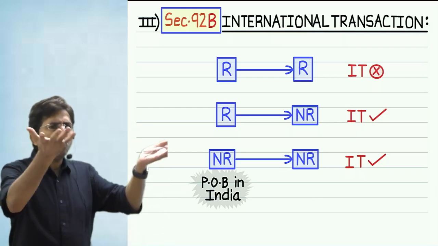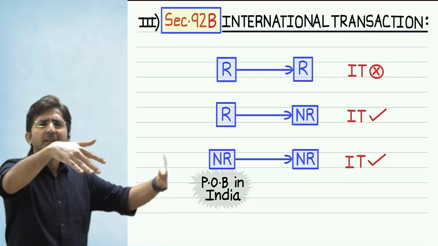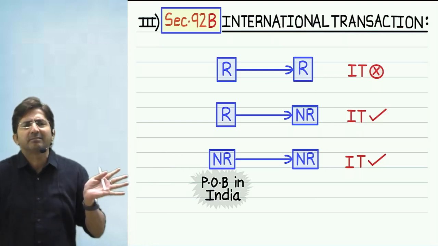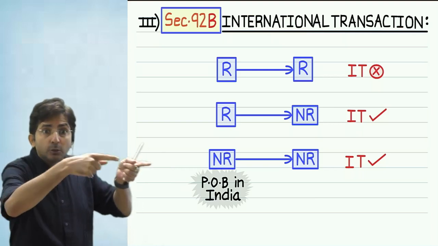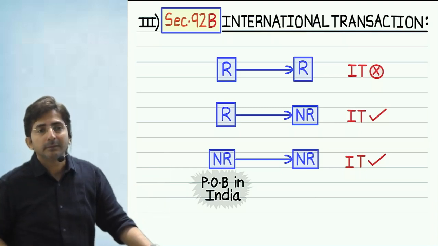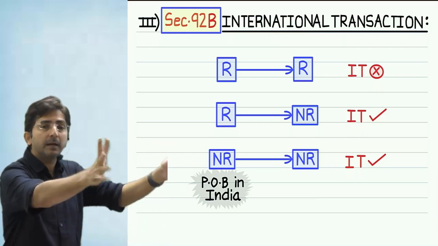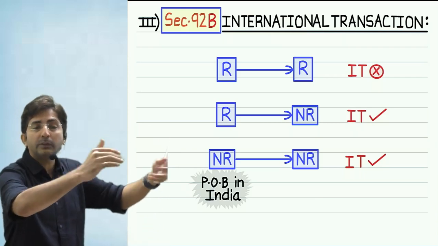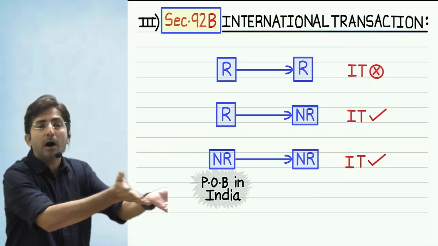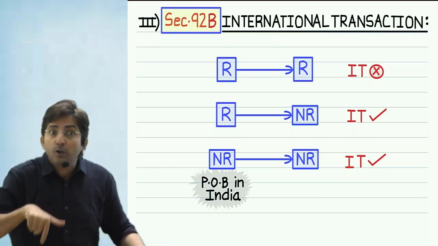So if two companies are incorporated abroad, carrying on business also abroad, how is the Indian government affected? We are unaffected. So such a two-NR combination is not covered here. Such two NRs means where both the companies are incorporated abroad, both having a place of business abroad. So if they transact between them, how is the Indian government affected? So that combination is not covered.